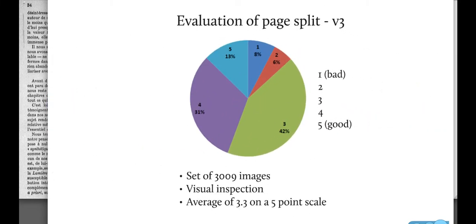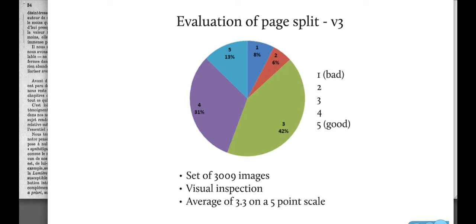We did the same for the evaluation of page split, so a visual inspection with 3009 images, where again the darker blue is the worst and the lighter blue is the best. This gave us an average of 3.3 on a 5-point scale.